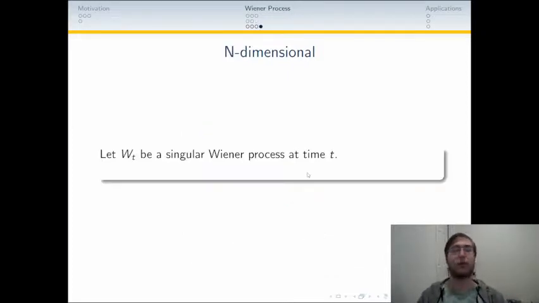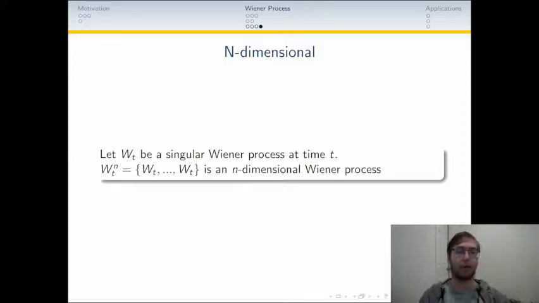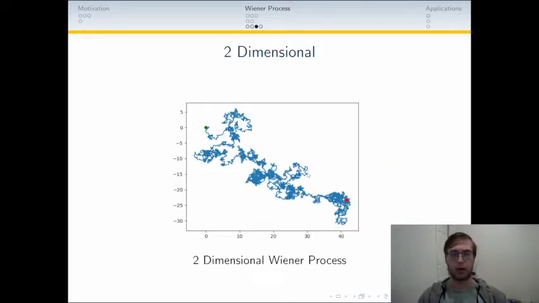If we let W of t be a singular Wiener process at time t, then W n of t will be an n-dimensional Wiener process. And of course, these individual Wiener processes don't have to be normal Wiener processes. They can also be Wiener processes with drift. I don't have an image for that, but it will be similar to the two-dimensional image here, except one of the Wiener processes would drift away from what its normal value would be.